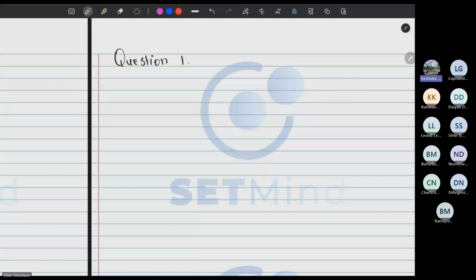Oh, they said write in modulus argument form. Okay, so write in modulus and then argument form. Yes. And that was the first question, isn't it? Yes. And then what was B?